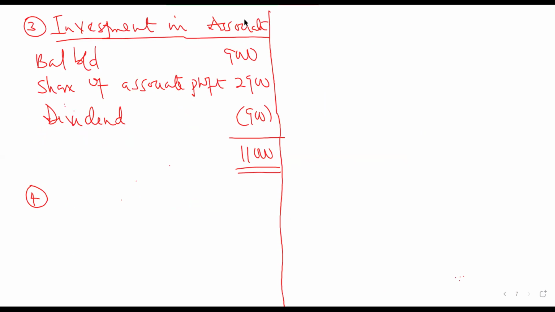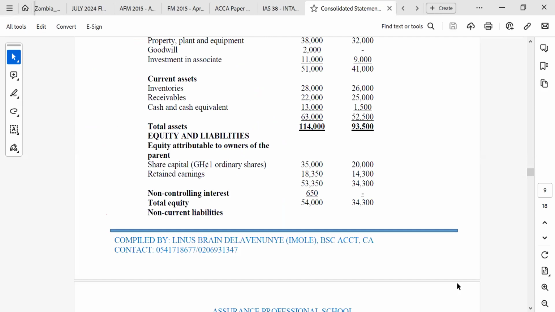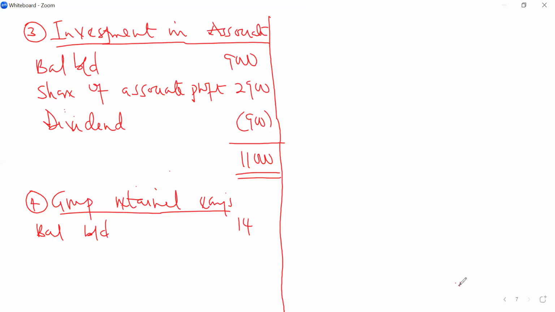Let's reconcile our group retained earnings. We are only interested in how the closing balance has been gotten. The closing balance is calculated from the opening balance, which is the 2019 balance for the retained earnings, 14,300.